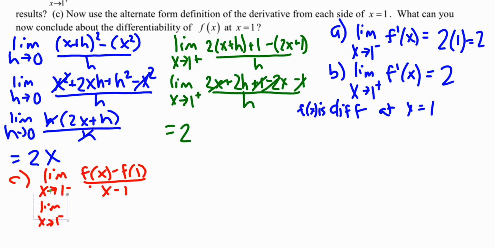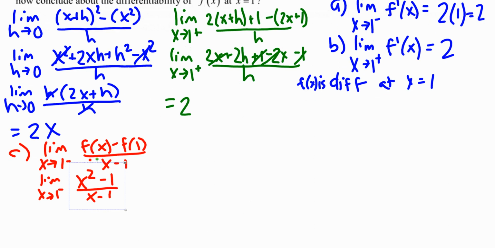So f of x, we have x squared from this side, minus 1 over x minus 1. Good thing you know algebra, because you can factor this to x plus 1 times x minus 1. That will cancel out with the x minus 1 in the denominator. Plug in 1, we get 2.